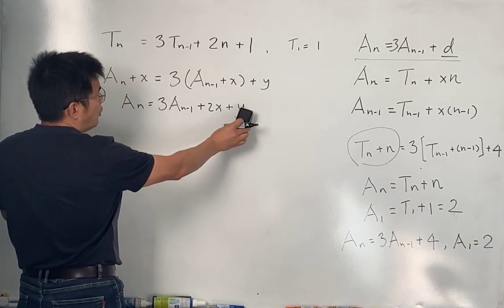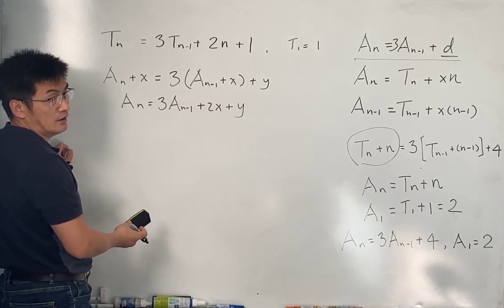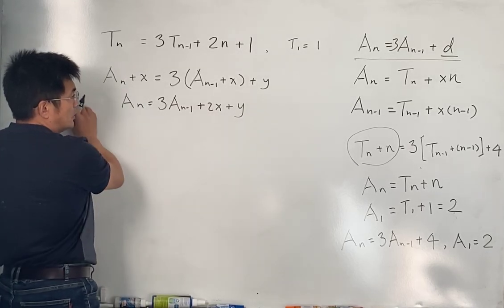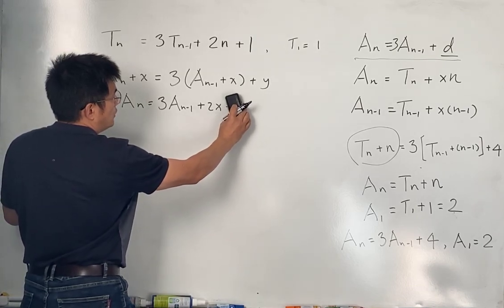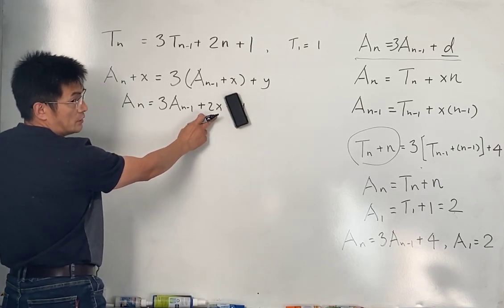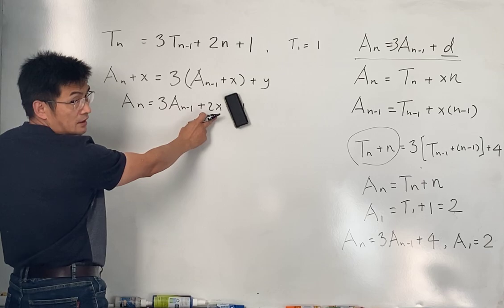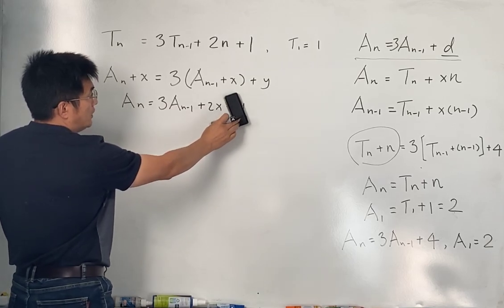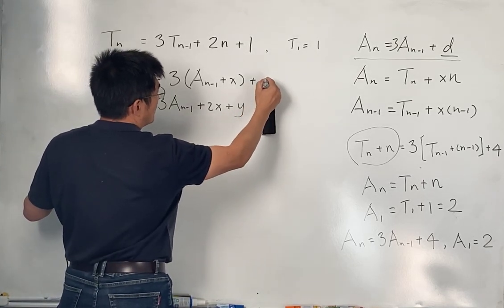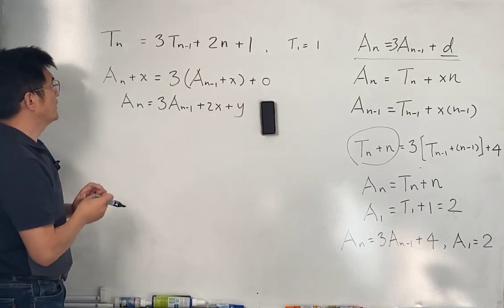Actually we let y equal to 0, right? Because if you let this equal to 0, we can only deal with 2x. Wait, how come? It works when this is 0. Why not just get rid of y entirely?